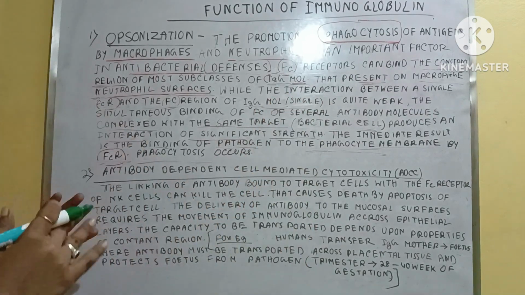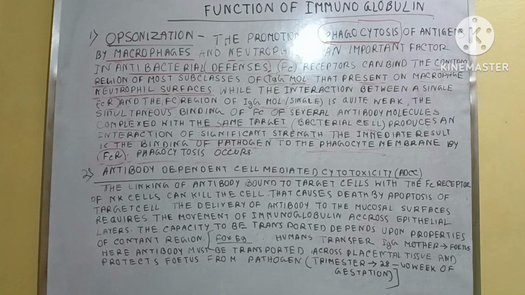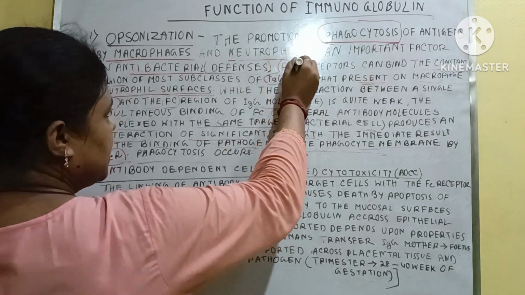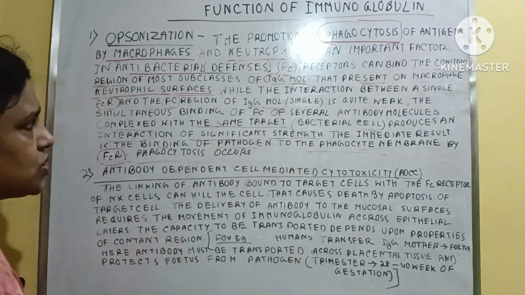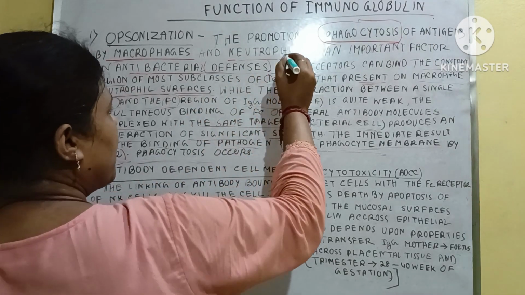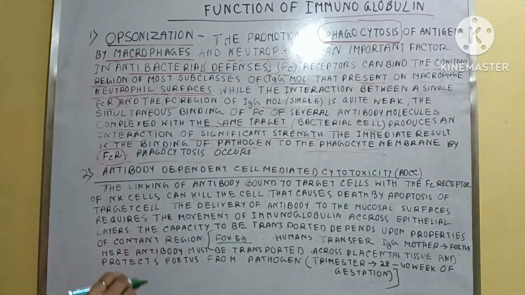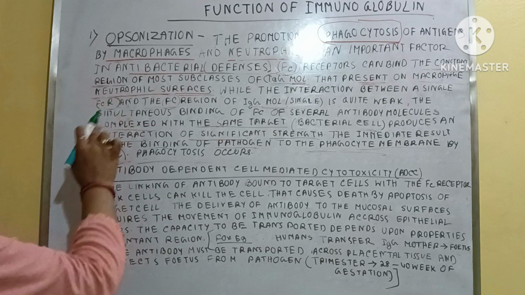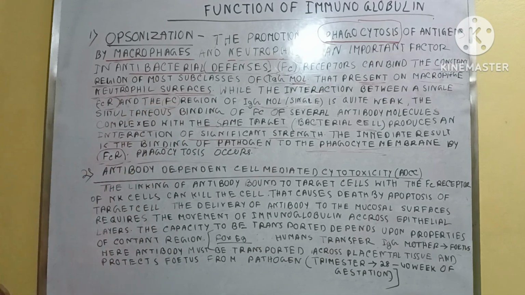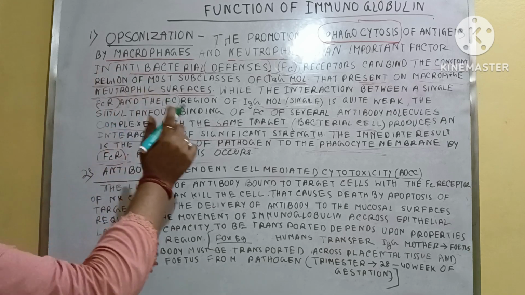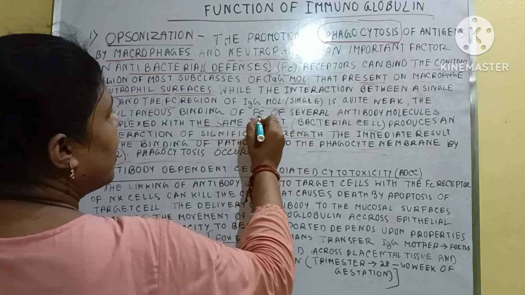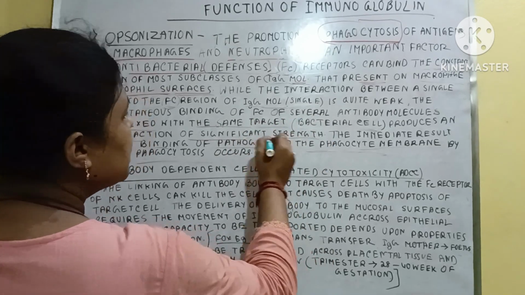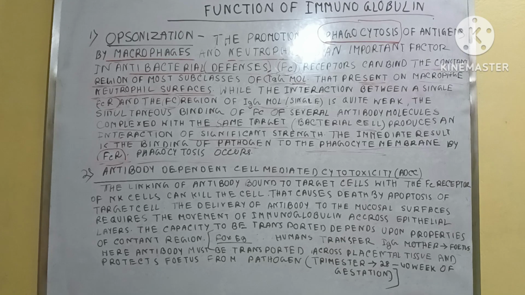So first, what we have learned is that the Fc receptors bind the Fc region of IgG molecules. The binding of a single Fc receptor and the Fc region is very weak. But when two, three or four molecules of the antibody are there, the binding becomes very strong.